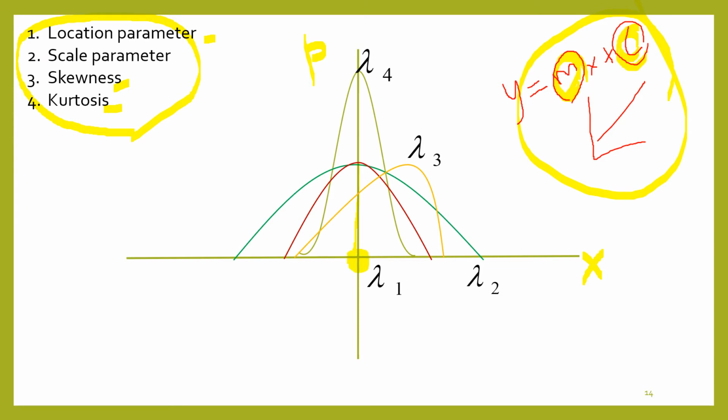So this red distribution is here, and it can be here. For the second distribution model, the location parameter is here. That is what location parameter means.